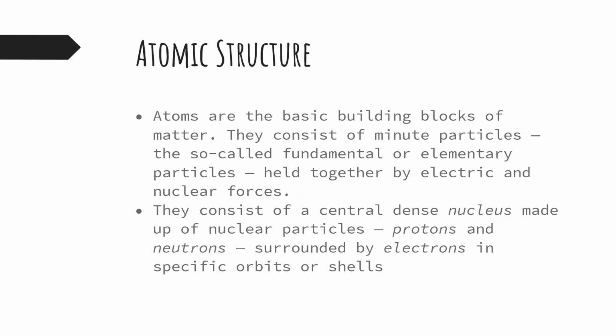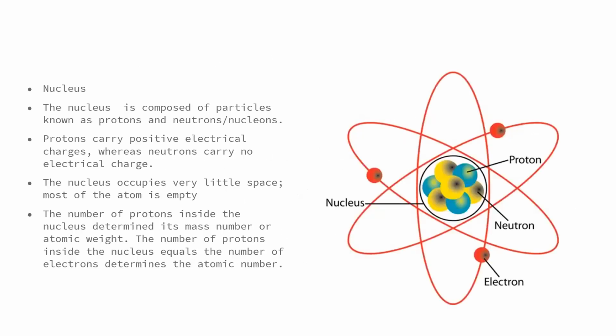So let's talk about the nucleus. What is in the nucleus, guys? Anybody, quickly. Protons and neutrons. Good. The protons, do they have an electrical charge? Yeah, they're positively charged. Good.